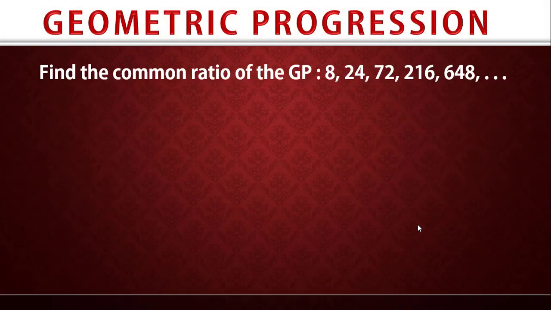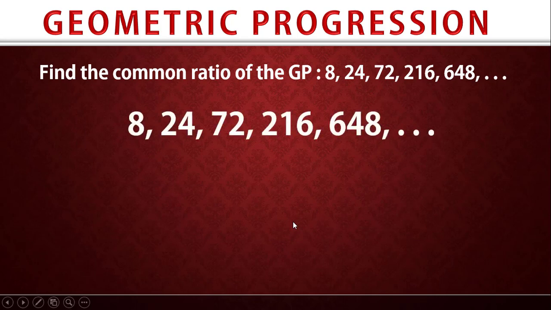Example 1. We are asked to find the common ratio of this GP sequence. We are given this GP sequence 8, 24, 72, 216, and 648. So how do we find the common ratio? You remember the formula to be second term divided by first term, or we can say third term divided by second term. Either way you want to do it.